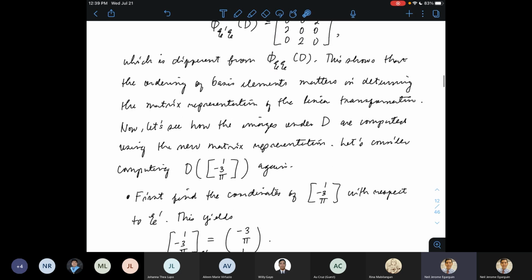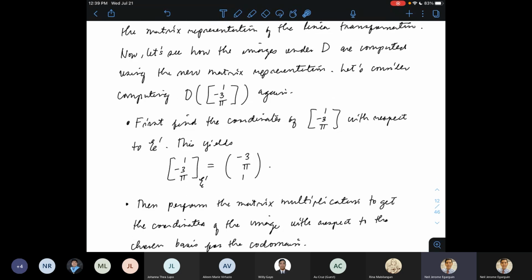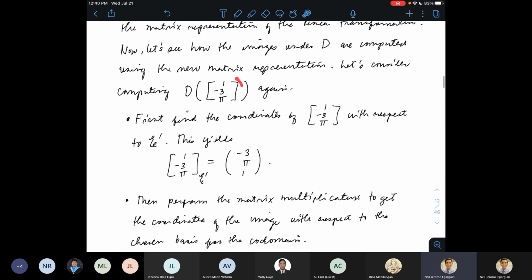Okay? But again, I hope you remembered that the matrix representation will act not on the vector itself, but on the coordinates of that vector. So if I want to get the image of (1, -3, pi) with respect to the operator d using its matrix representation, I first need to find the coordinates of that vector with respect to the chosen ordered basis, right?